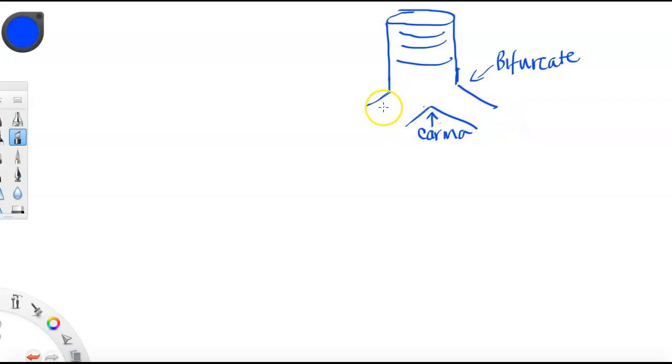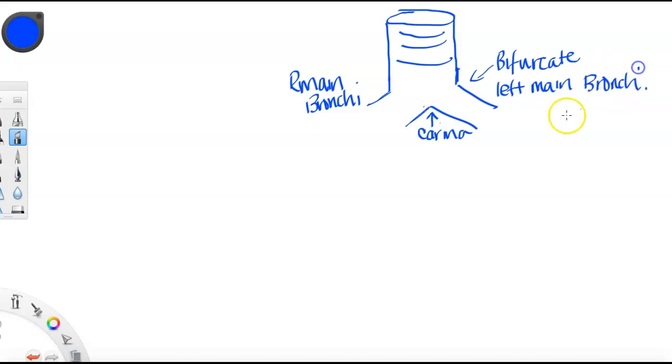So it bifurcates into two main bronchi, a right main bronchus and a left main bronchus. And again, they're still surrounded by hyaline cartilage rings.